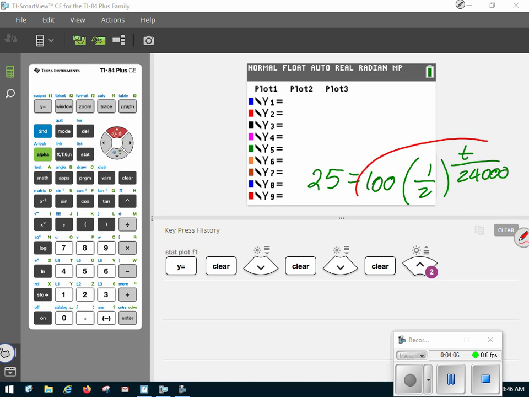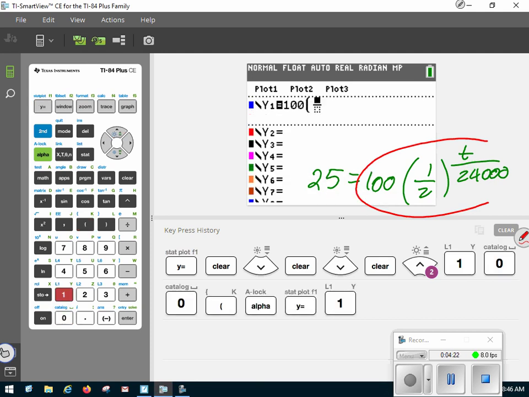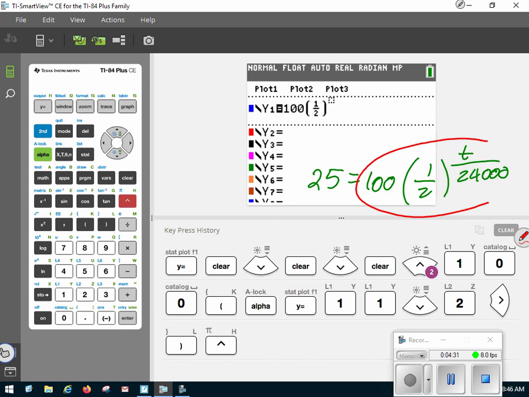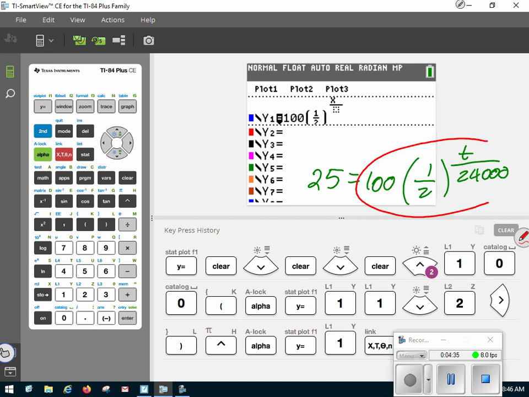You know how to put that in the calculator, right? I want you to put what I circled in red in your Y1. Go ahead. Just put X over 24,000.